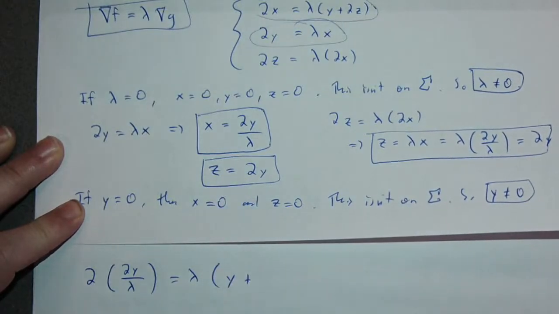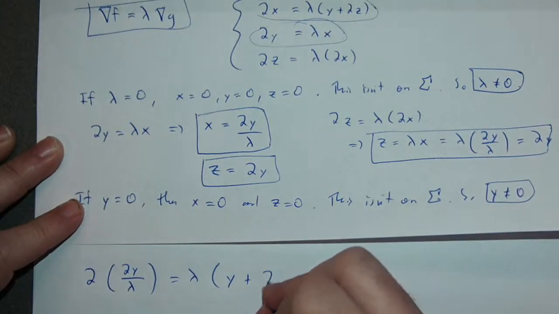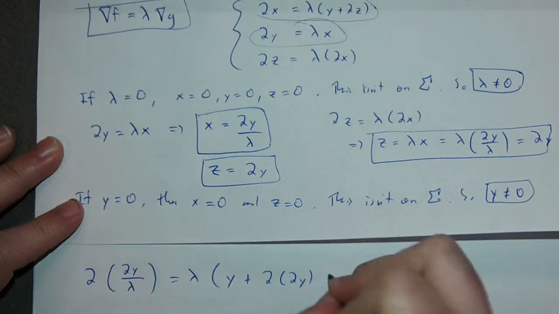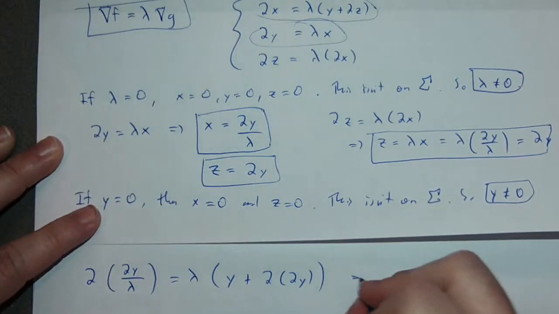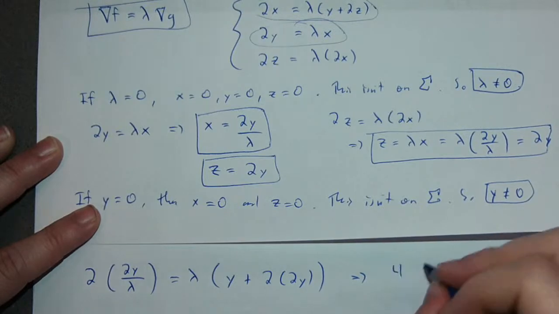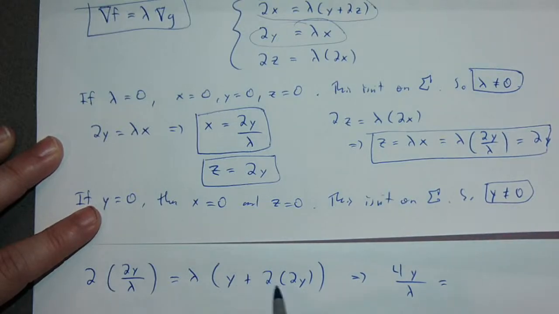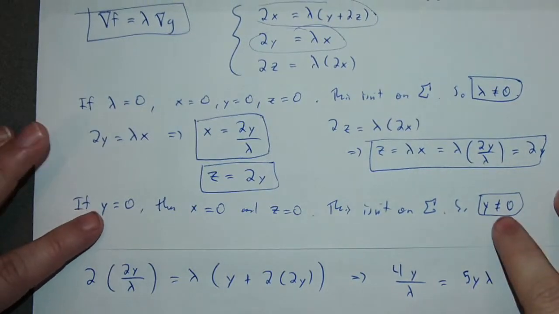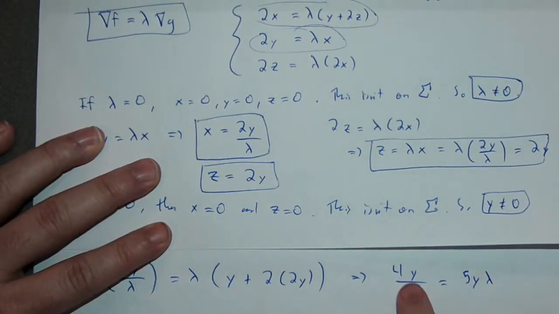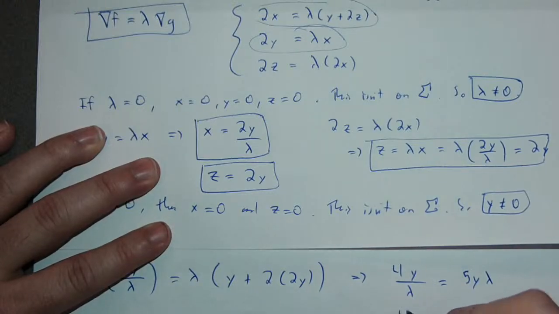And z is 2y here. So this is lambda times y plus 2 times 2y. And so what I get here is 4y over lambda is equal to y plus 2 times 2y, so that's y plus 4y, so that's 5y. So this is 5y times lambda. All right, now, since y is not equal to 0, I can divide by y. So that cancels the y on both sides, and I have 4 over lambda is equal to 5 lambda.